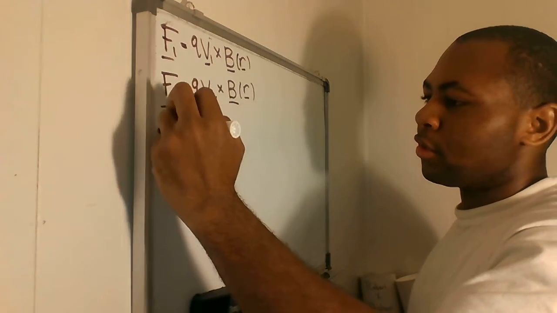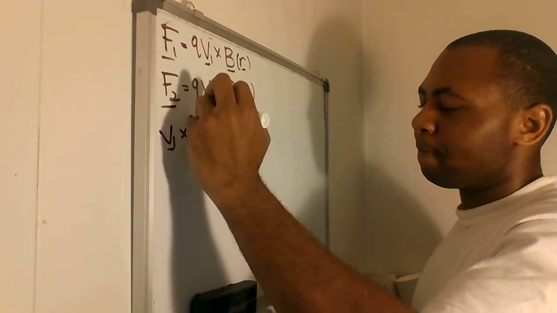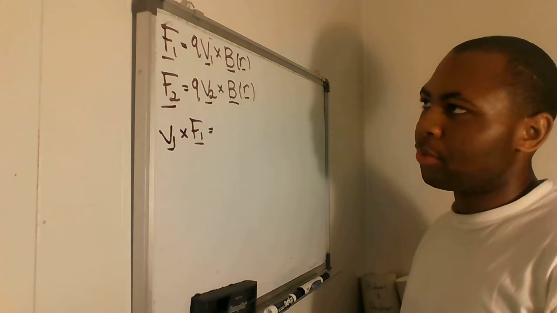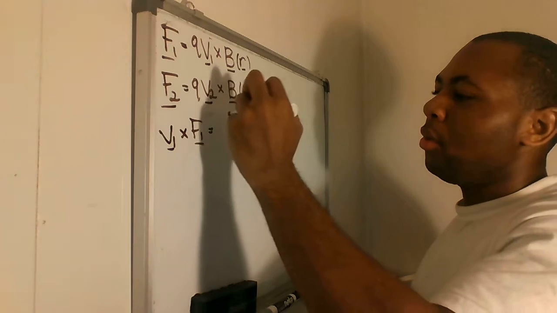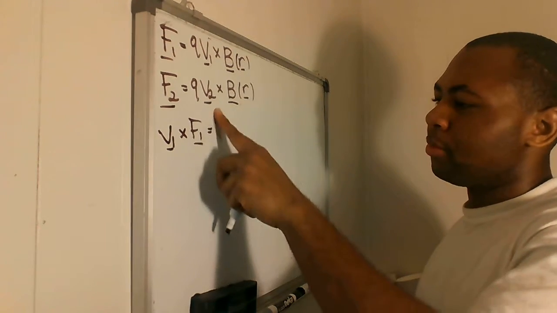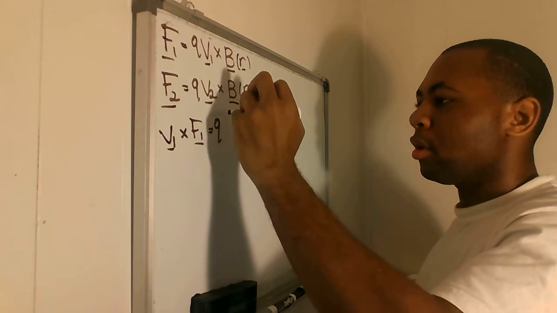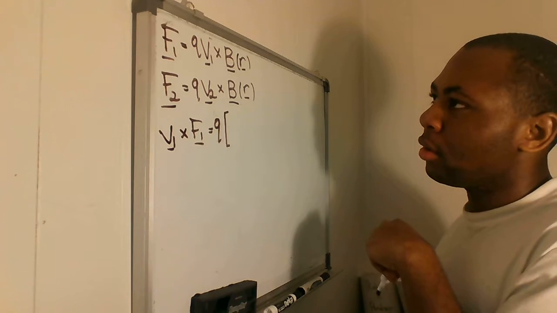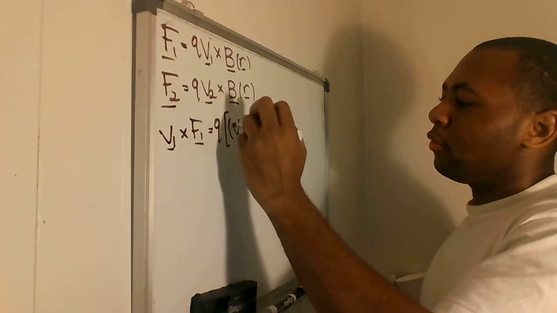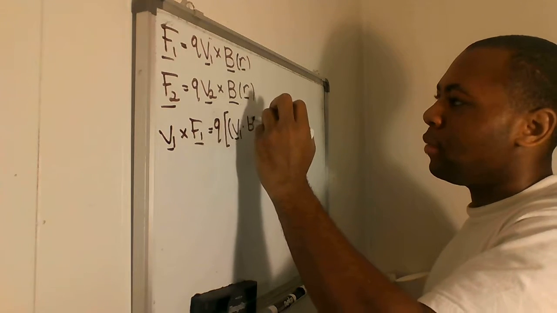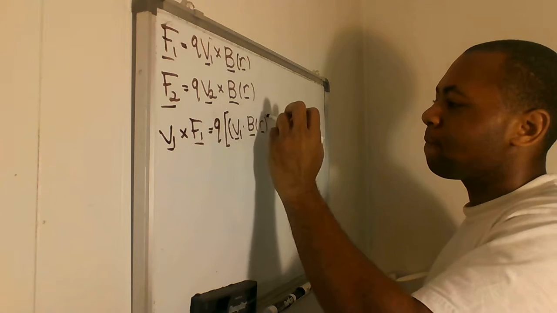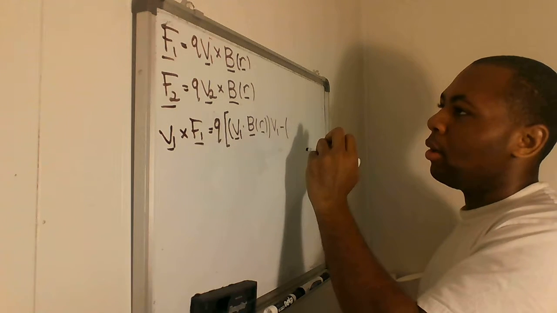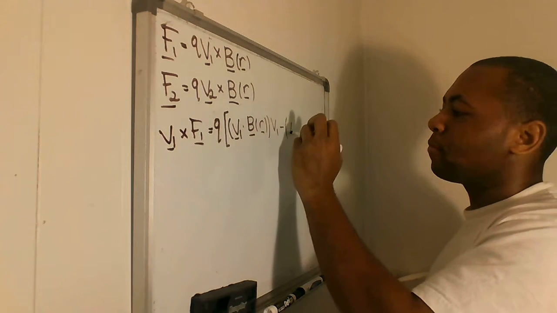So let's cross F1 with v1. From the chapter 1 videos, we know that the result is going to include some BAC-CAB relationship: v1 dot B times v1 minus... Is it the same thing?